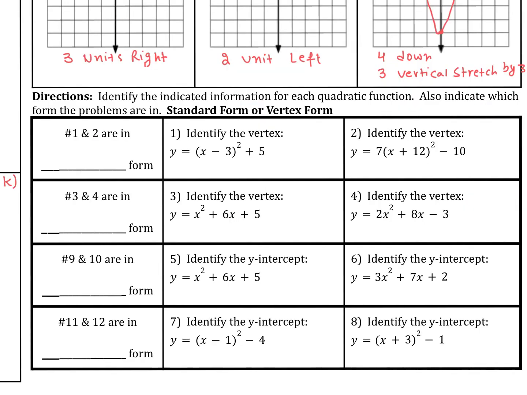For the next table, you're going to identify the indicated information for each quadratic function. Also indicate which form the problems are in, standard form or vertex form. Number 1 and 2 both are in vertex form.